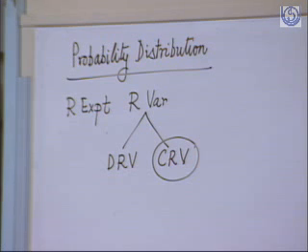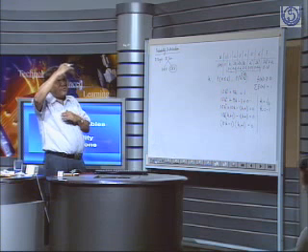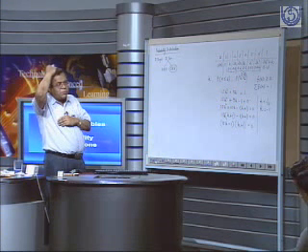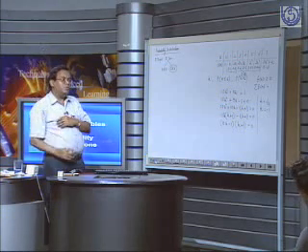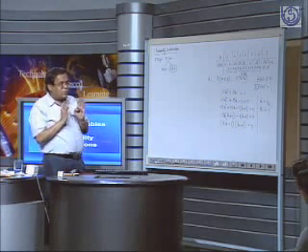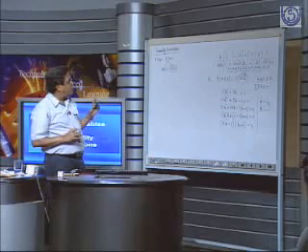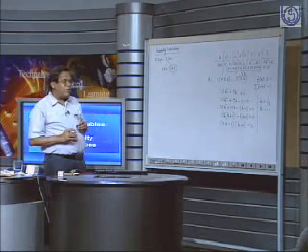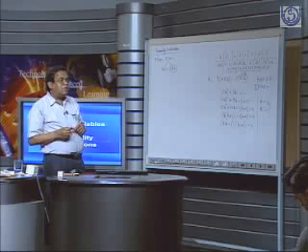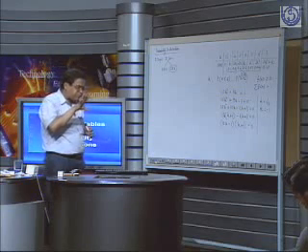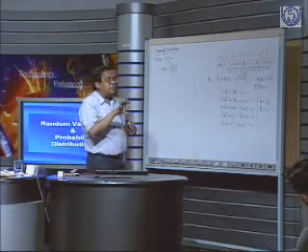Snowfall in Kulu Manali during the month of December 2006, and velocity of one air particle in this room. Please think about whether it is a discrete or continuous variable, because we will have to handle continuous random variables also. But as far as binomial distribution is concerned, we handle only discrete random variables.